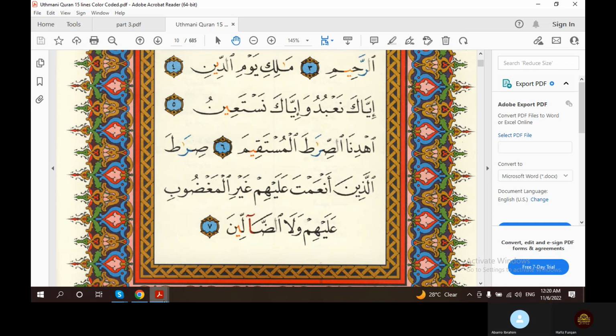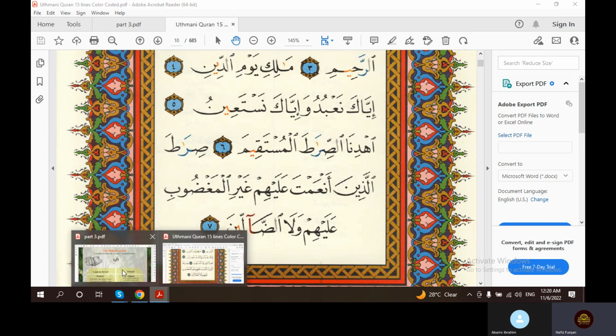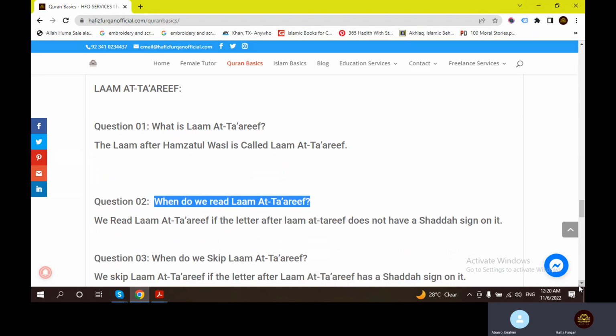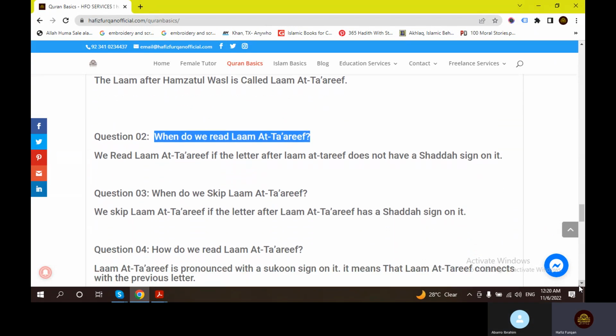Okay. Now the next thing you should know is when do we read lam at-tarif? I told you about hamzatul wasl. We read hamzatul wasl when we start the words with it, right? In the beginning, we read hamzatul wasl, and in the middle, we don't. But for lam at-tarif, it's a little different.